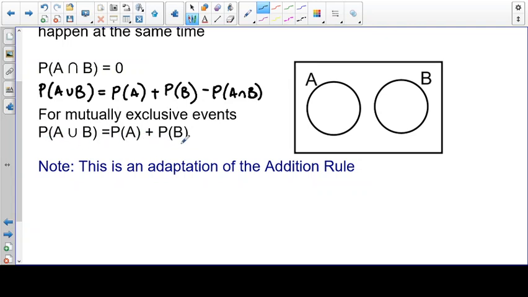You might be told that two events are mutually exclusive, in which case you know those two facts, or alternatively you're going to be asked to show that two events are mutually exclusive, so you either need to try and show this, or you need to try and show this, depending on the numbers you've got. They'll either tell you, or you'll have to show that it is.